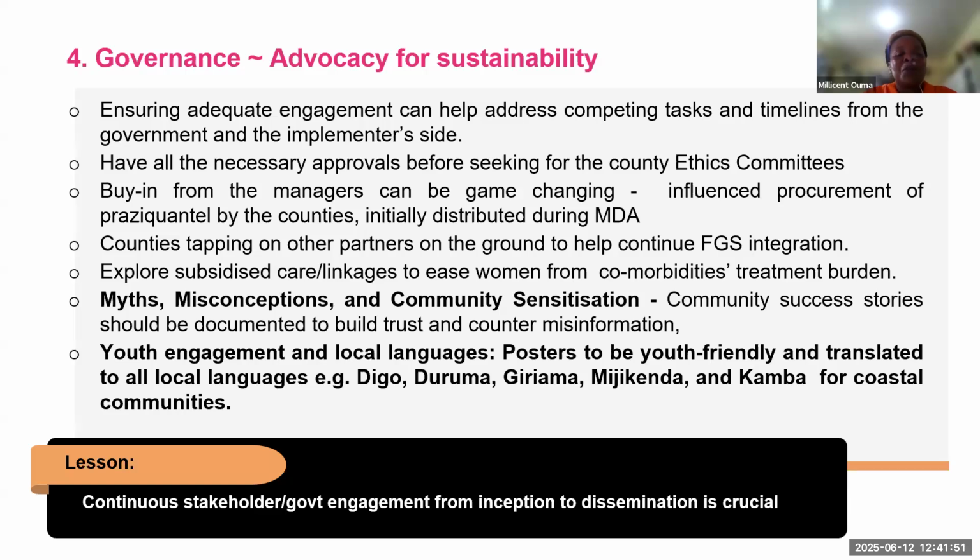For the doctors or gynecologists in this call, you'd understand that some women are born without a cervix. Such cases warranted further medical attention, which was not within the FGS integration. So those women were supposed to part with some money to cater for their other comorbidities, which were identified during the screening.